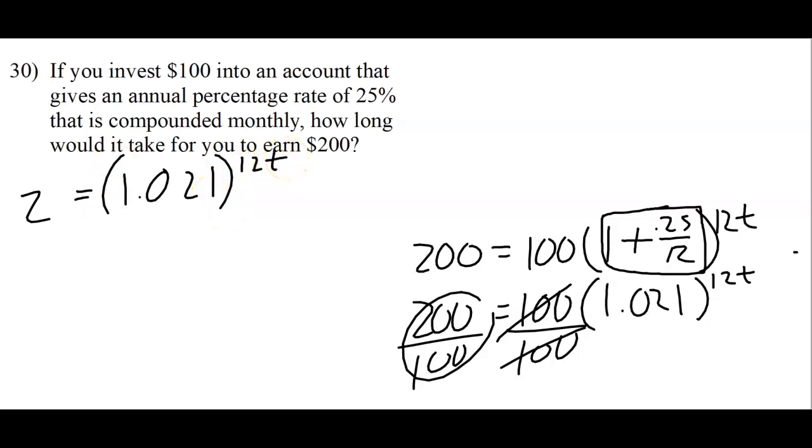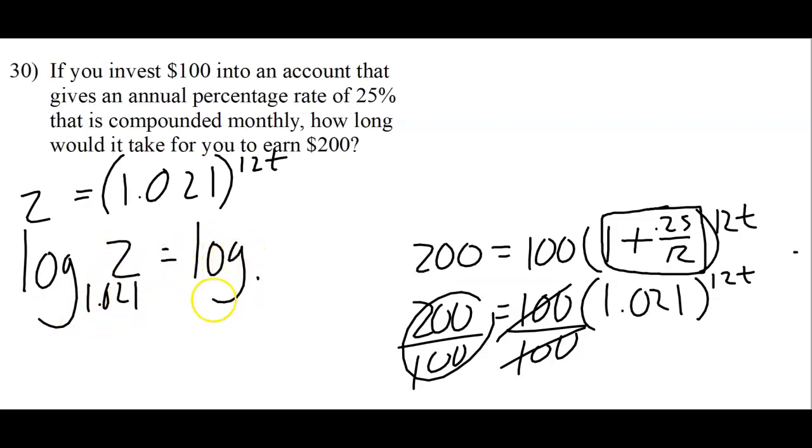And then to get rid of the 1.021, I will need to log both sides with a base of that value. So let's do that. And so on the right side, these cancel out, which was my goal.